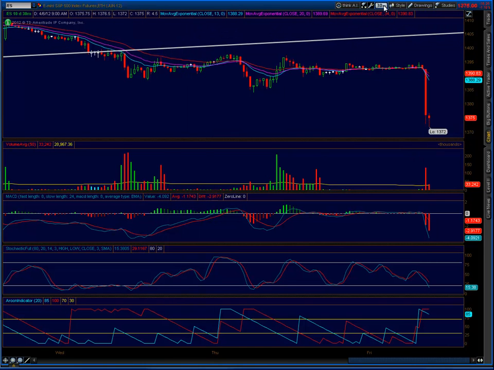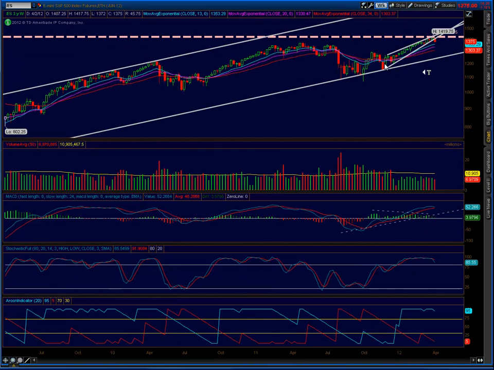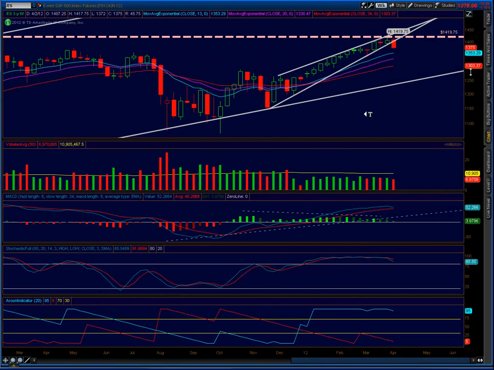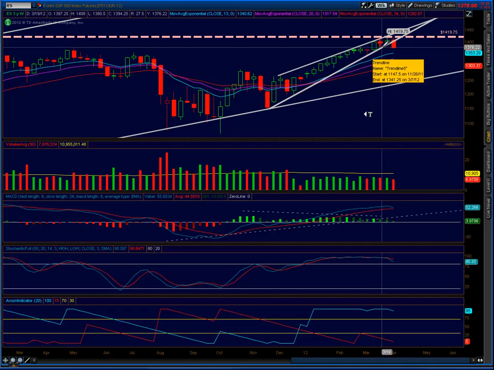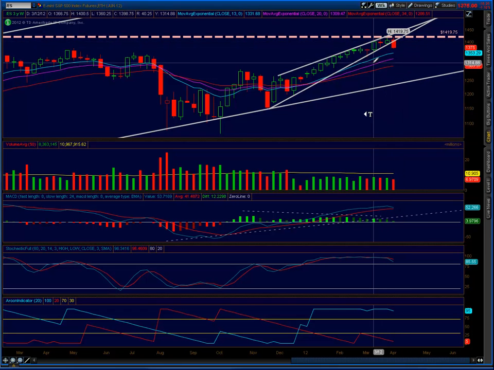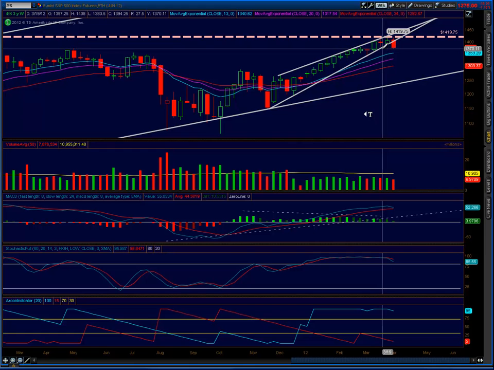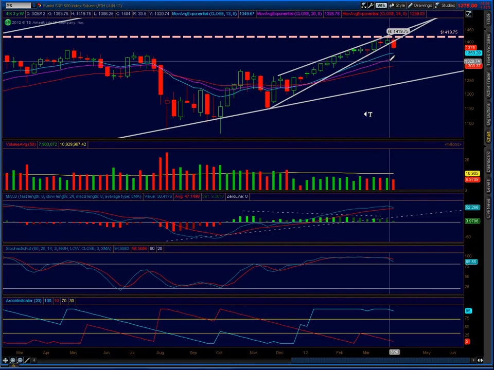Look at what happened. Just waterfall, complete waterfall. So again, let's look at the weekly. On the weekly for the S&P 500 futures, you're looking at more of a bearish ascending triangle wedge, and once they break down, they tend to do a 50% retracement.